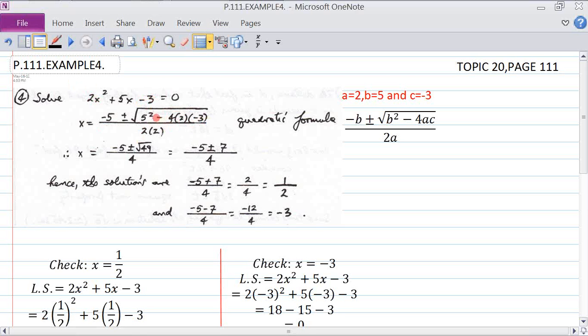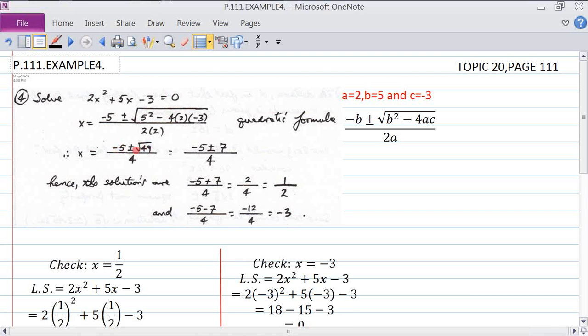So when we calculate this part, minus 4 times 2 times minus 3 comes out to 24. So 25 plus 24 is 49, and 49 is a perfect square.